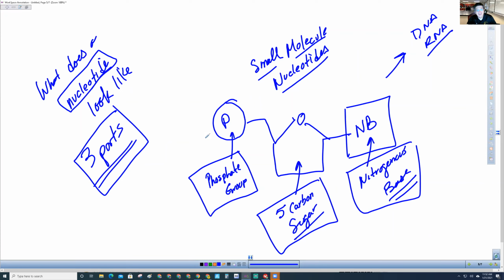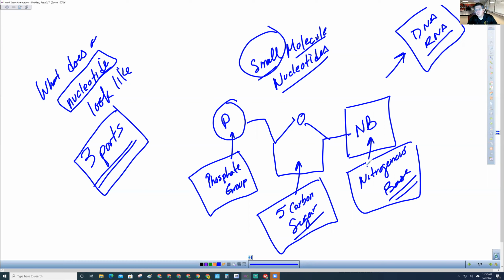All nucleotides have these 3 parts. Okay, does that make sense? So you should understand that from the get-go. That was the video. So remember, these are small molecules, and you need these molecules to make these huge molecules. That's super important. Does that make sense?